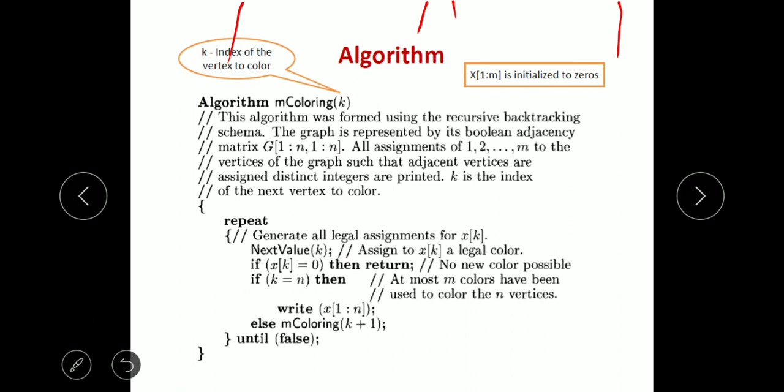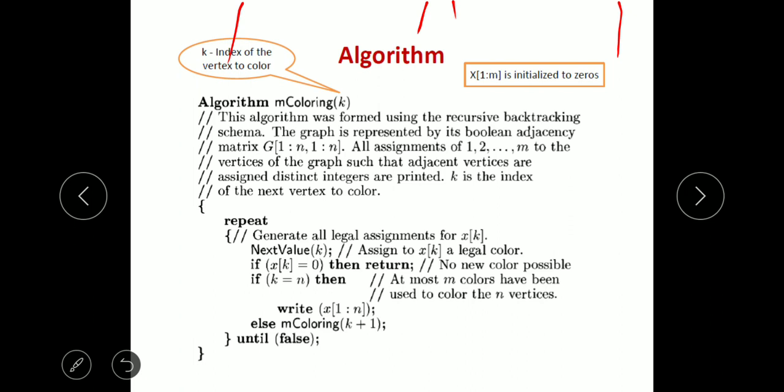The M coloring algorithm takes an adjacency matrix G, which has n rows and n columns, and tries to assign colors 1, 2, 3 and so on till m to the vertices of the graph such that no two adjacent vertices are assigned the same color.